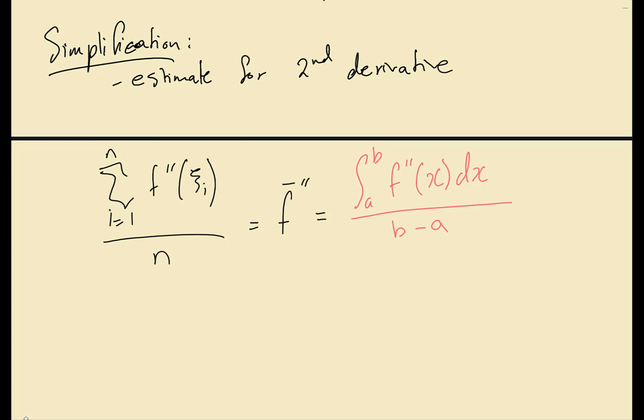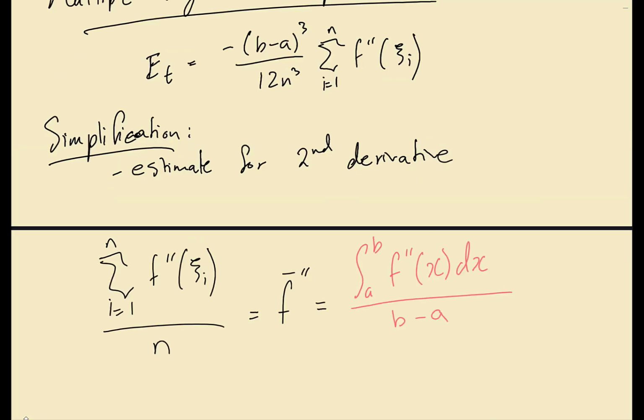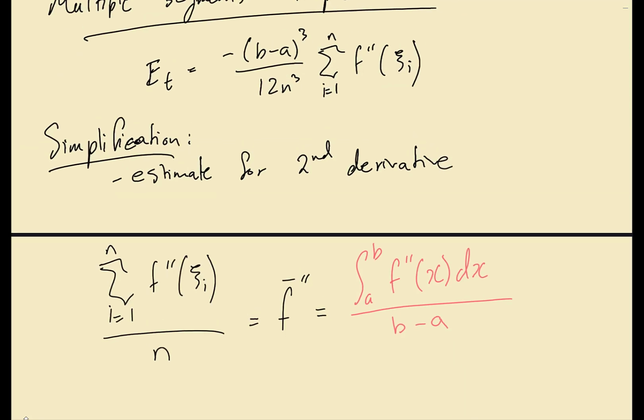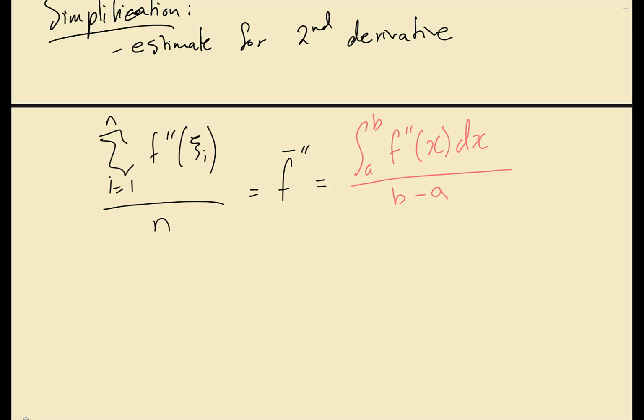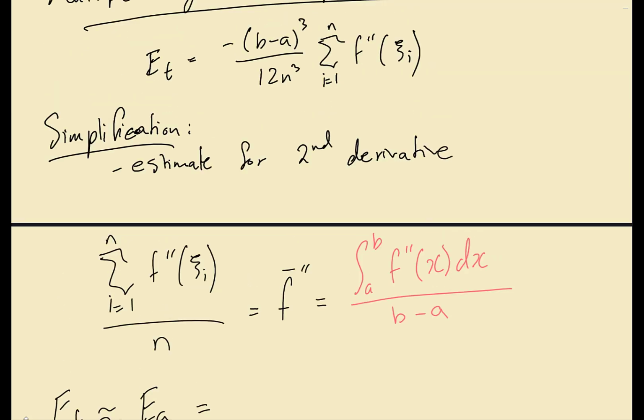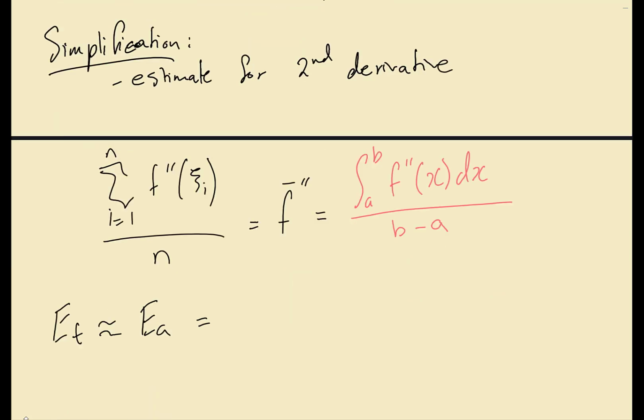So the equation above, ET, is approximated as EA, which is equal to basically this first term with n squared instead of n cubed, times this average second derivative.